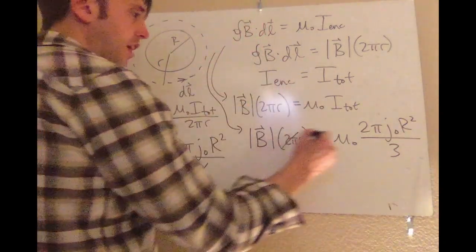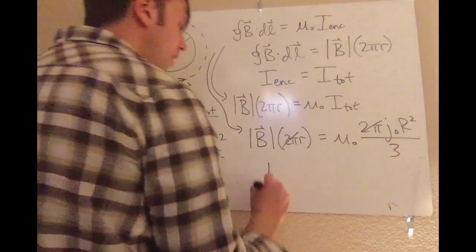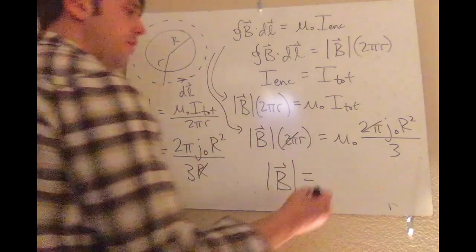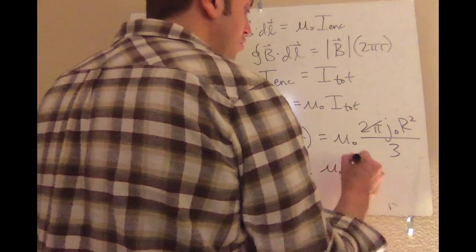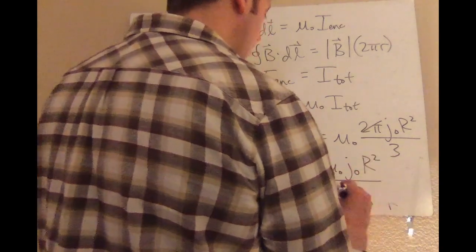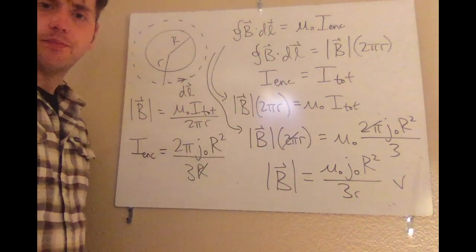And so first let's cancel out the 2 pi, and then let's divide out the little r, and it puts it down there. So another way we could write the B field outside of the wire is mu naught times J naught R squared divided by 3 times little r. Okay, so there it is.